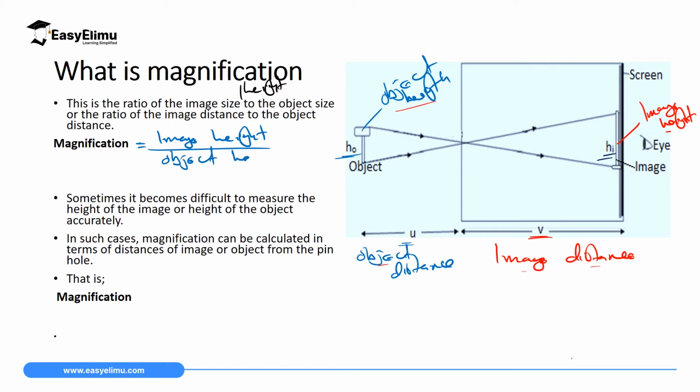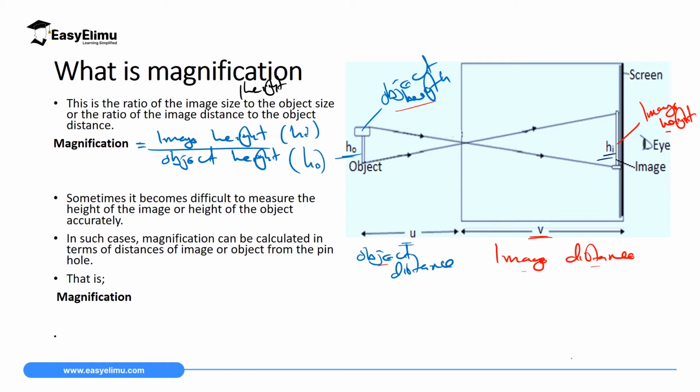So if you know the image height, in this case HI, you divide it by object height, which is HO, then what you will get is magnification, which means the extent by which an image is larger or smaller than the object.